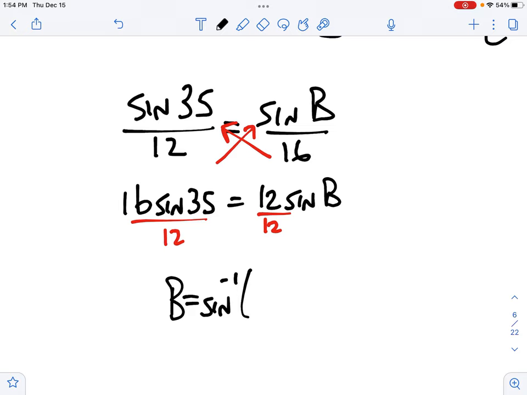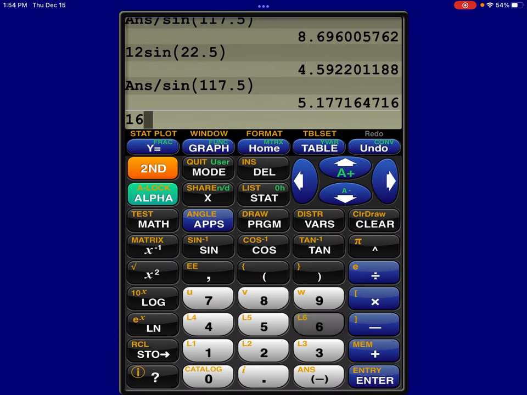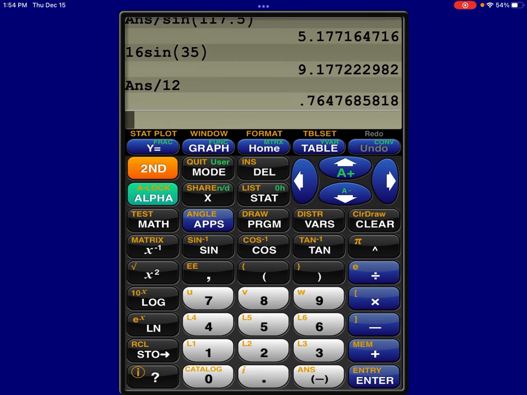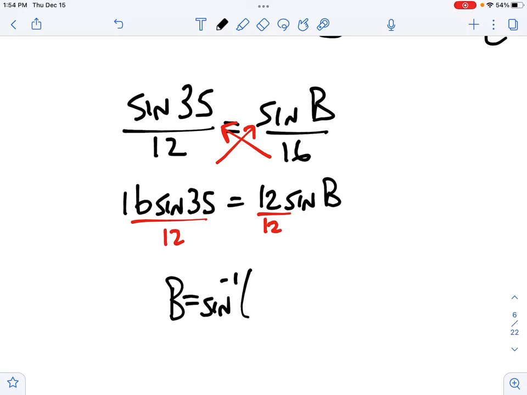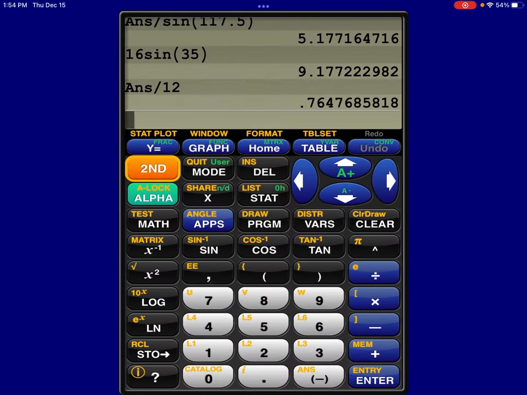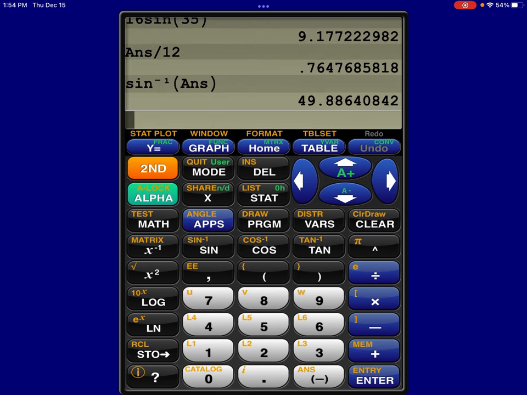So now I'll go to my calculator, 16 sine of 35 divided by 12. That gives me 0.7647-ish. But I don't really need that because I'm going to use my calculator function, second sine of my answer, to get my angle measure of 49.9.